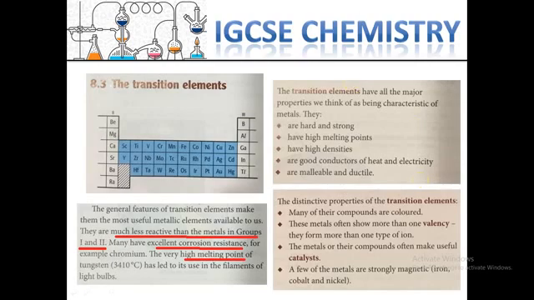Another one is some distinctive properties of transition elements. They are colored, which I will explain more about, and they show multiple valencies, as I said, and they are very suitable to be used as catalysts, and also some of them are strongly magnetic, like iron, cobalt, and nickel.